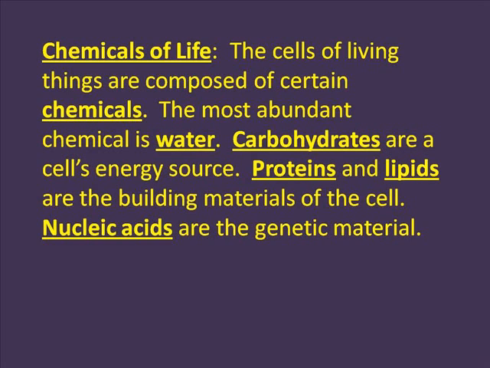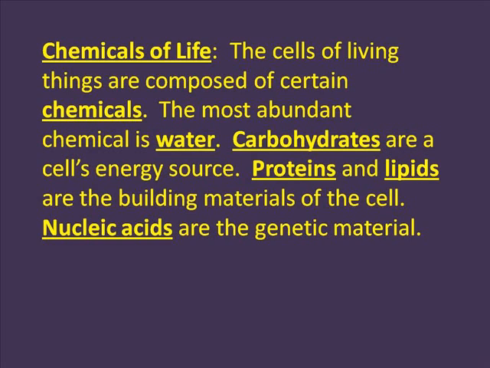Proteins and lipids are going to be your building materials. They're the building blocks. Your proteins you can get from meats, things like that. Your lipids is a fancy word for fats, but there are good lipids and there are bad lipids. And then the last chemical that all living things will have are nucleic acids, and this is your genetic material.